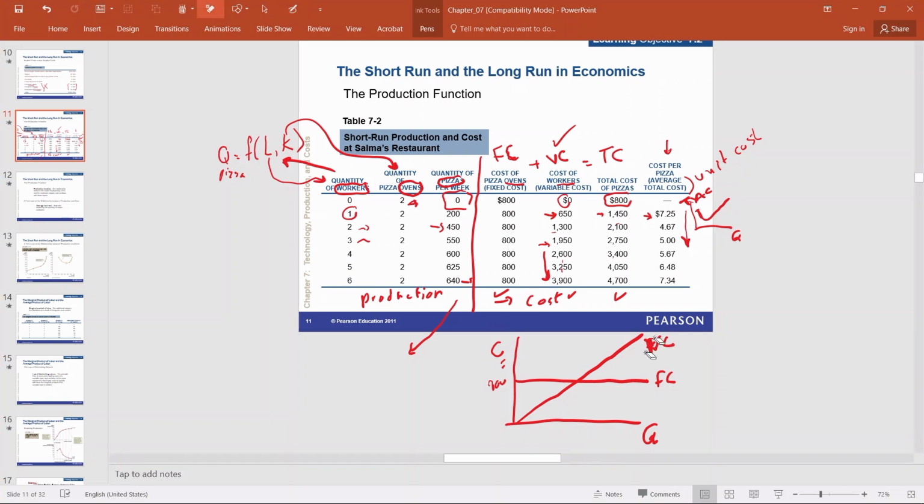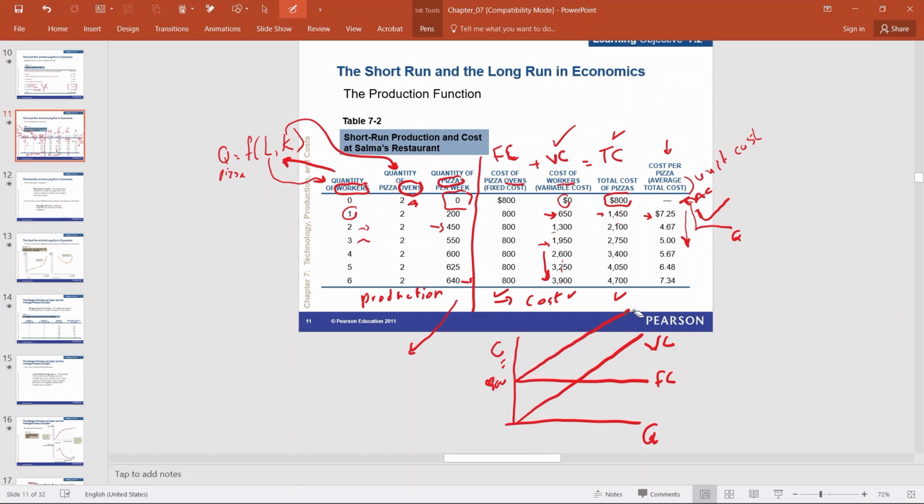And if we do it for total cost, as you see, total cost should start from 800, because it's the addition of fixed cost plus variable cost, which is 800 plus 0, so it's 800. So 800 is here. So we make it start from 800, and it becomes like this.